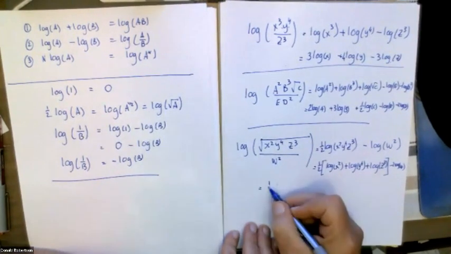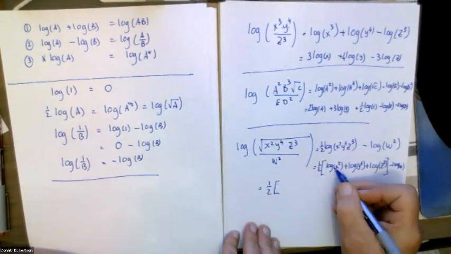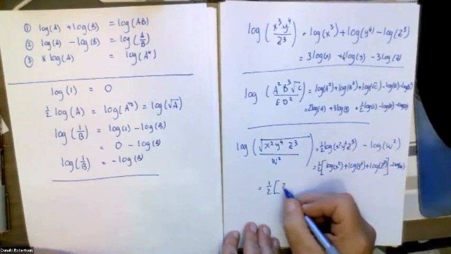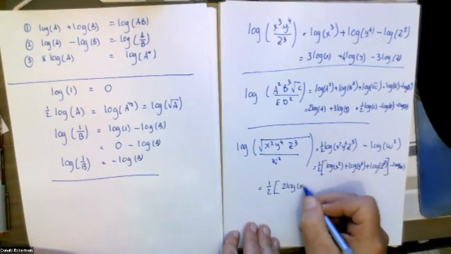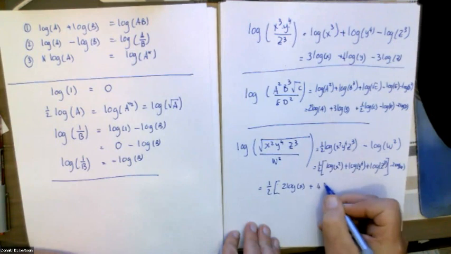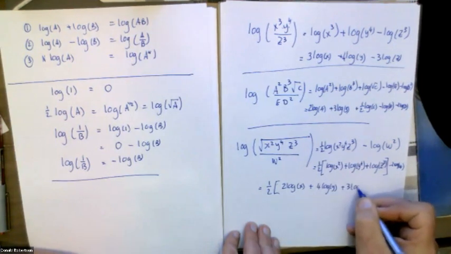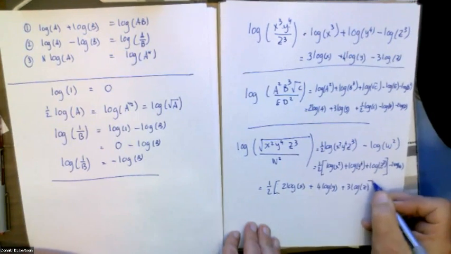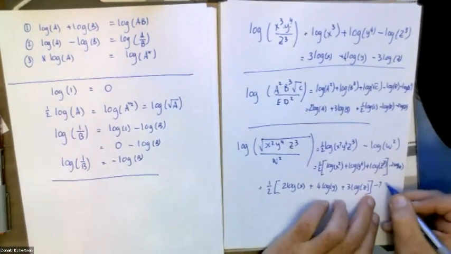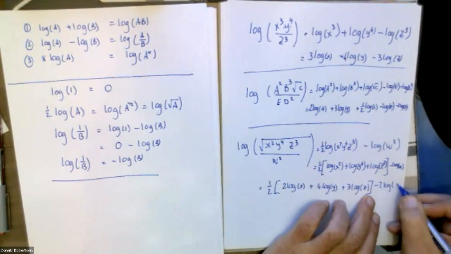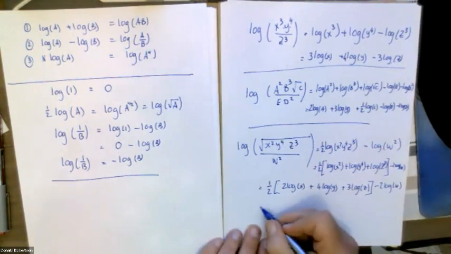Move over here. I think I need a little bit more room. Each of these can be broken down a little bit further. So 2 log x, 4 log y, 3 log z. Take away 2 log w's.